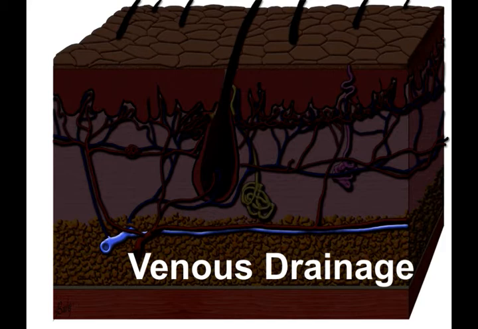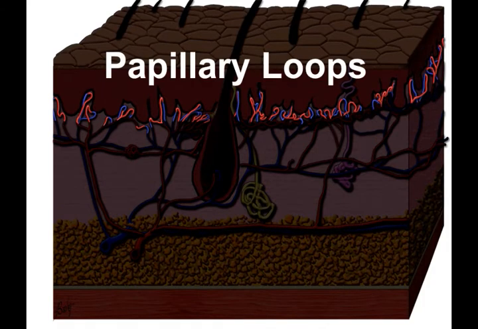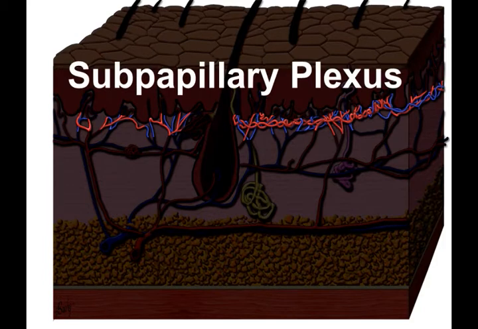Venous drainage is parallel to the arterial side. Papillary loops are present within the papillary dermis. The subpapillary plexus is the location of the postcapillary venule, which would be the site for most leukocytoclastic vasculitis.